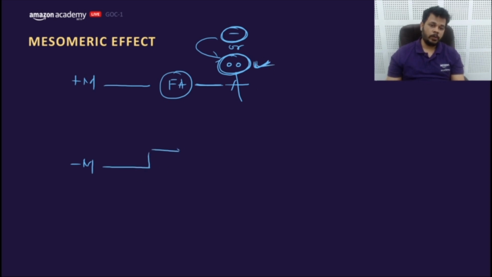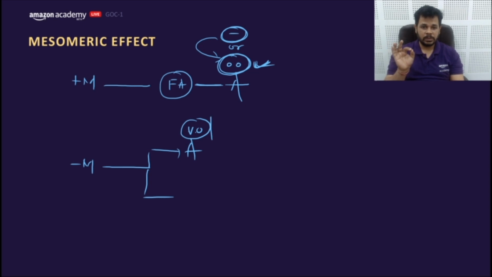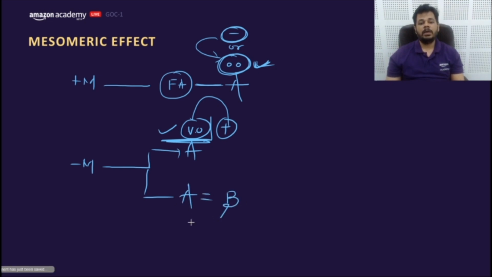Minus M has two points. First, atom A must have a vacant orbital. I can also say positive charge, but not all positive charge shows a vacant orbital. So strictly a vacant orbital. Secondly, it should have A double bond B or A triple bond B, and the electronegativity of B should be greater than the electronegativity of A. Let's have an example to understand.